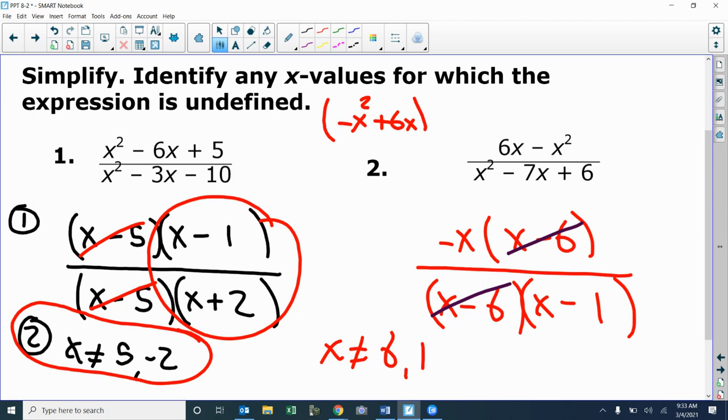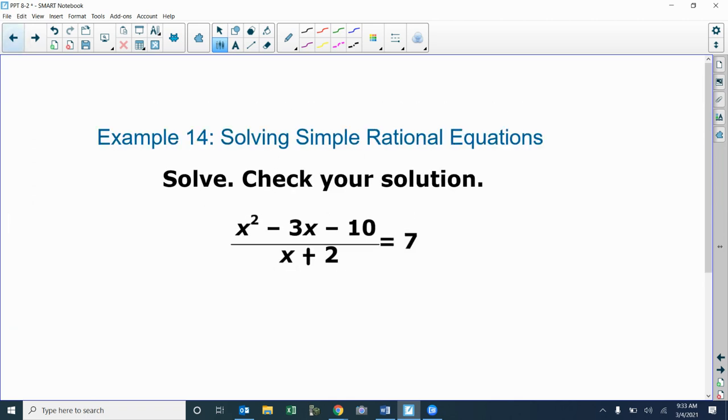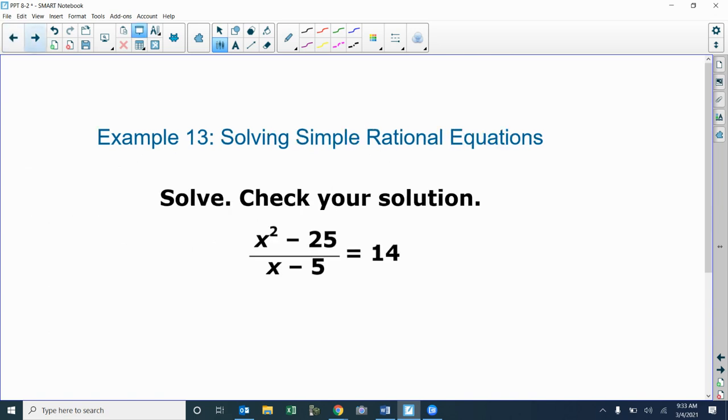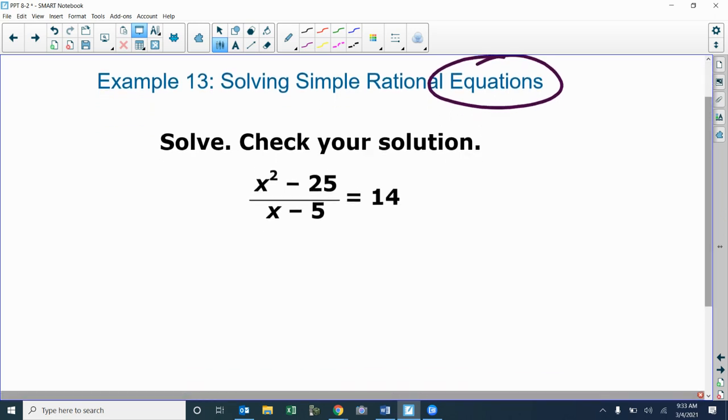Everybody good there? All right, we do have a couple things to add today, and that is going to be very similar to yesterday, except now we're going to call them equations. Yesterday we were working with expressions, and we just simplified. Today we're going to simplify, but we're going to find a solution.